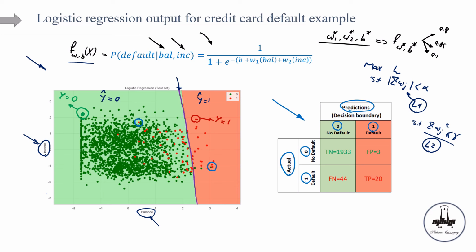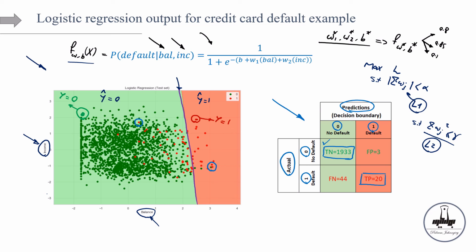If in reality we are dealing with no default and the model also predicted no default, these are true negatives. These are good numbers. In reality, these observations didn't default and the model predicted no default. And if in reality the observations were actually default and the model predicted default, these are also good numbers. So true negatives, true positives.